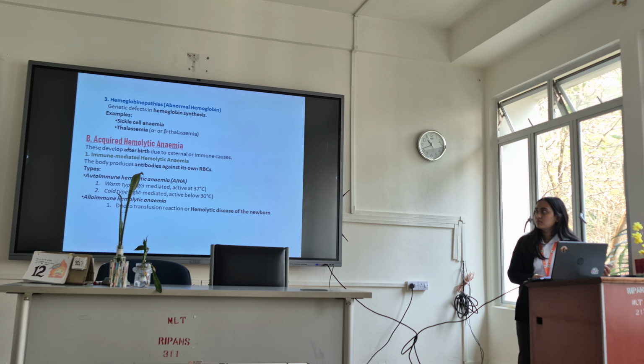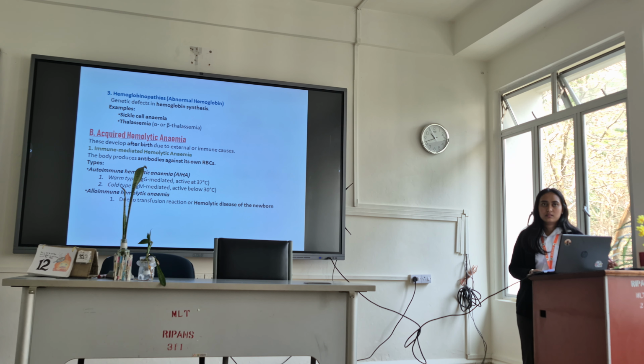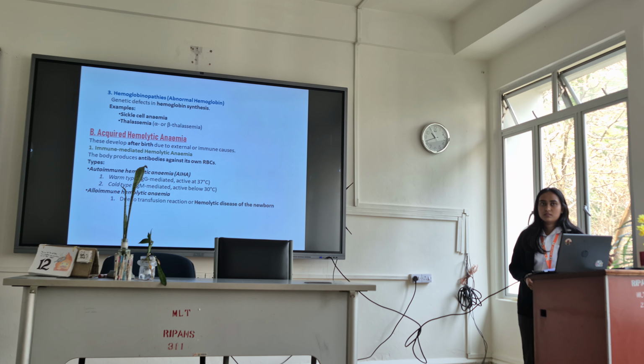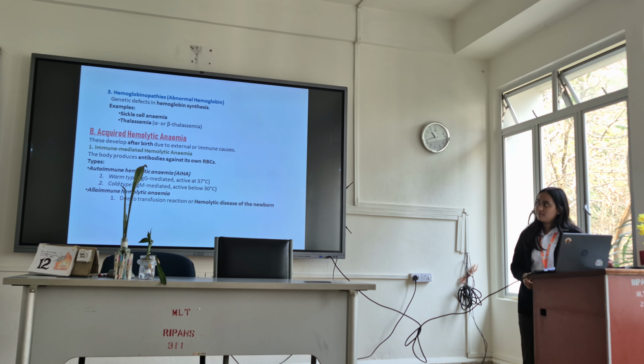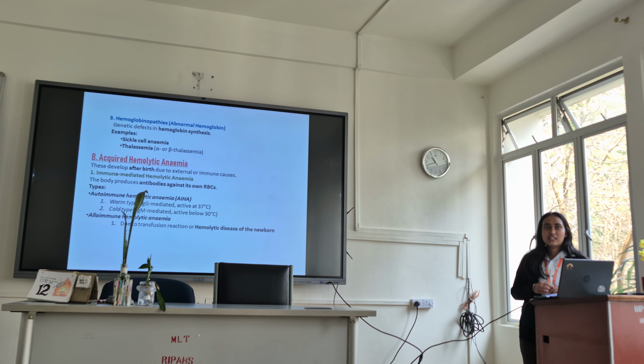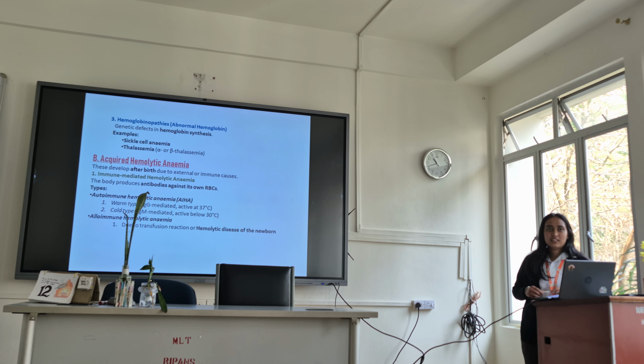And we know in autoimmune we have warm type and cold type, and we know the type of antibodies involved. Warm type IgG and cold type IgM. Can you tell which one is pentavalent and which one is monovalent? These questions you will encounter in viva also. IgM.